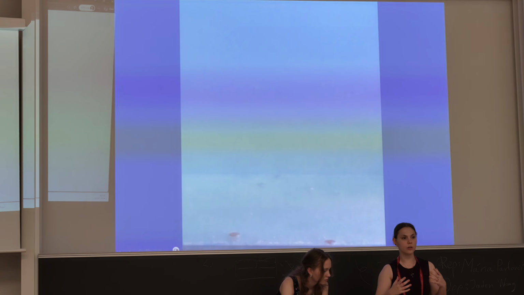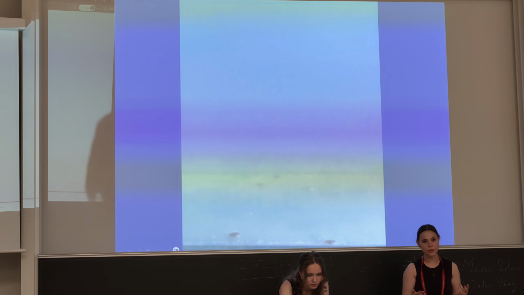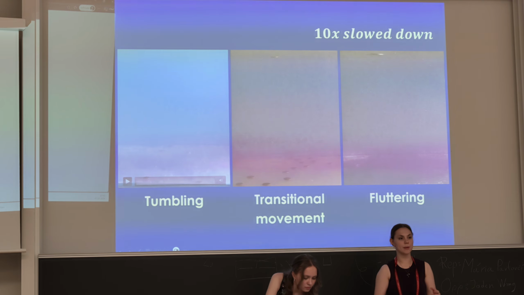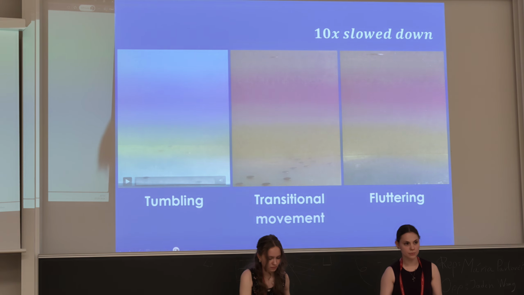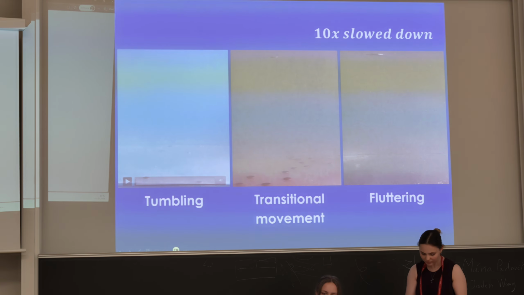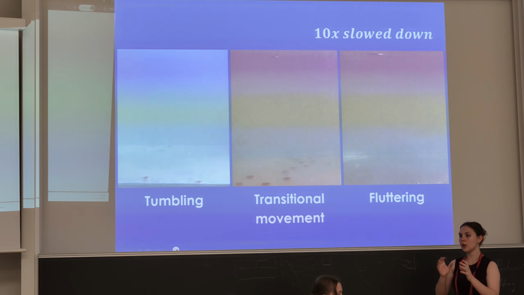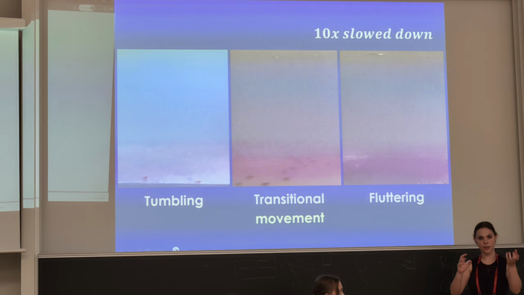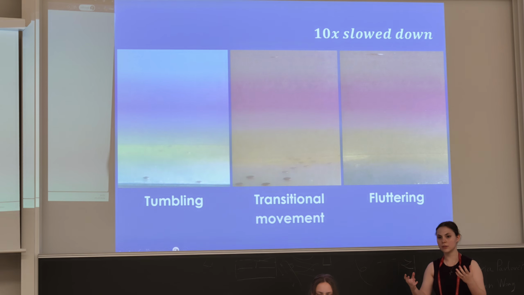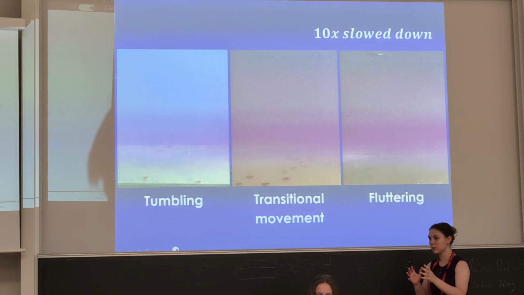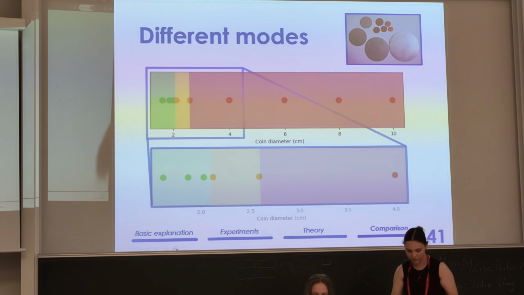The reviewer mentioned that I didn't study any steady state. I didn't observe any steady state of the falling of the coin. If I used, for example, honey, maybe I would be able to observe this, but this is really hard to do. Then for the transition between the fluttering and the tumbling, there is this transitional mode which the opponent talked about.